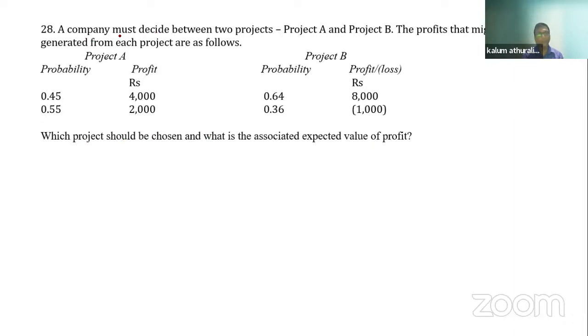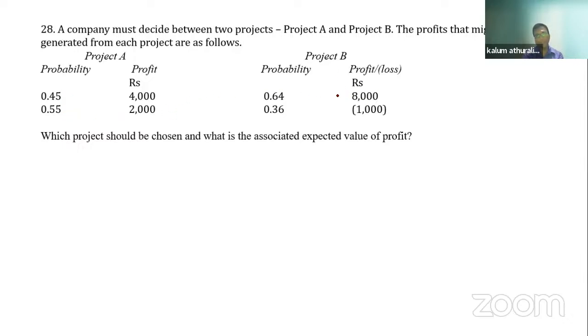The company must decide between the two projects, A and B. The profit that might be generated from each project is as follows. Project A: profit 4,000, probability 0.45, 45%; 2,000 profit, probability 55%.